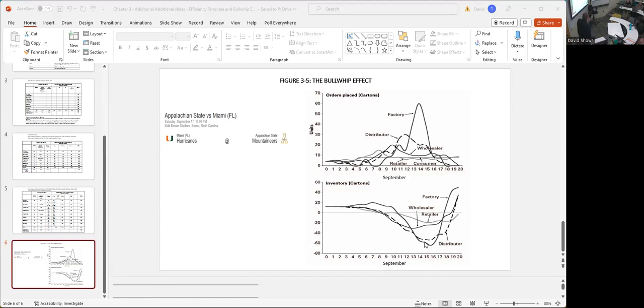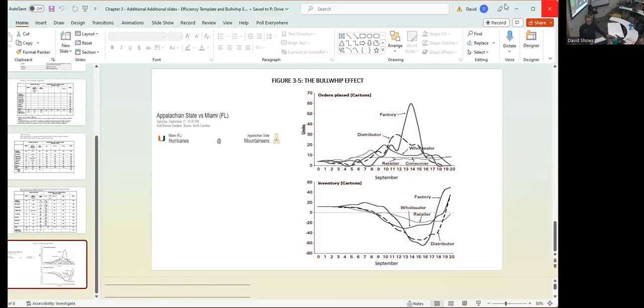And so what we found is that when App State drinks about 50,000 units of beer on a weekend, we cause all sorts of problems. All right. And this is the classic example. So you're doing your job drinking beer. Good job. All right. And they may have beat us on the field, but they didn't beat us in the bars. All right. So this is what the bullwhip effect means. Small consumer demands create greater, wider fluctuations up the tree. All right. So with that, go home and have a beer.